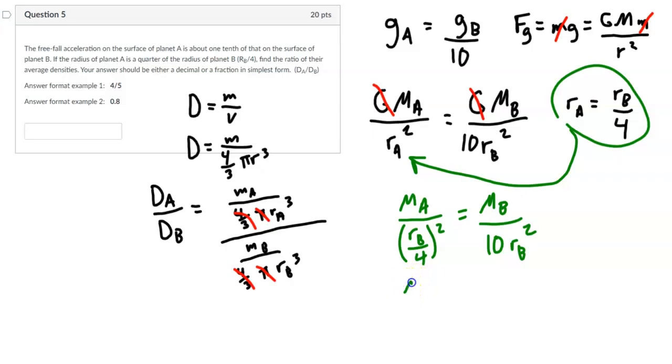And MA, I'm going to go ahead and save myself some trouble here. The RBs are both in the denominator, they're both squared, so they're both going to cancel out. Okay, so MA divided by 1/16 equals MB divided by 10.